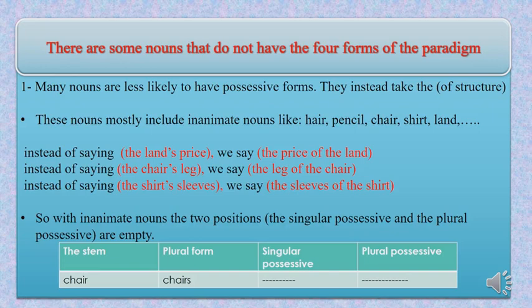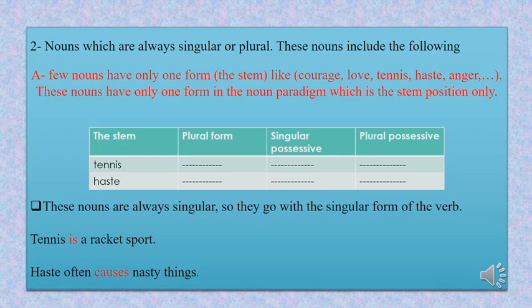The second category includes nouns that are always singular or always plural. We have 4 types of these nouns. Let's identify them one by one. The first one includes few nouns which have only 1 form, only the stem.